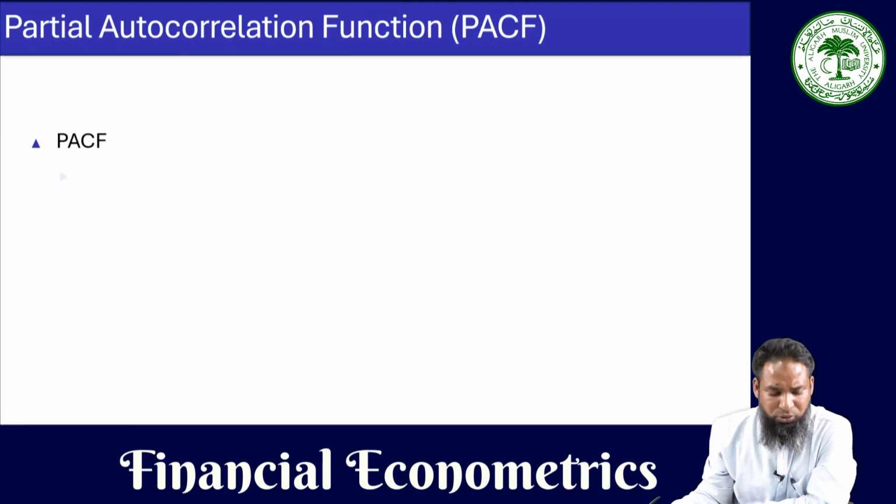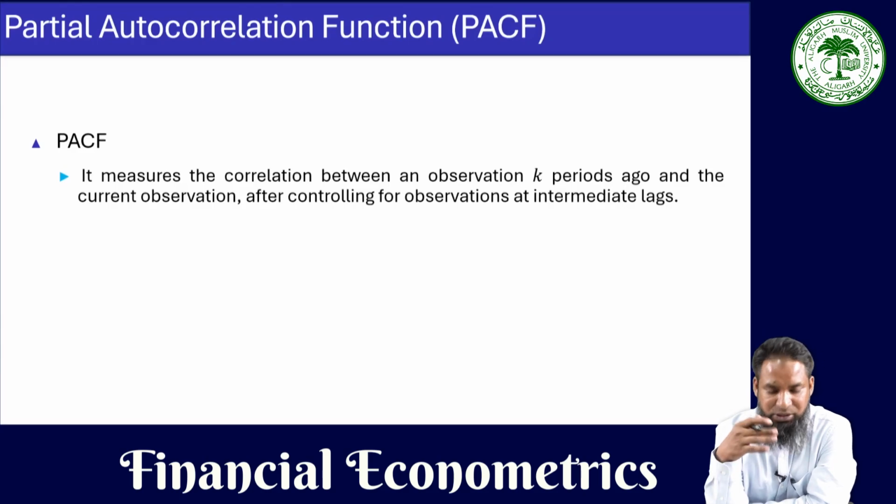So what is the partial autocorrelation function? As we have discussed in the previous lectures, it measures the correlation between an observation k periods ago and the current observation, after controlling for the intermediate lags.